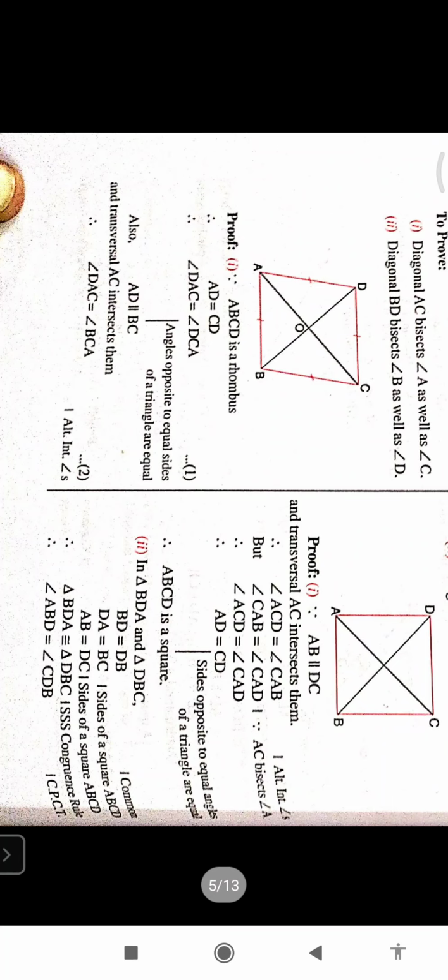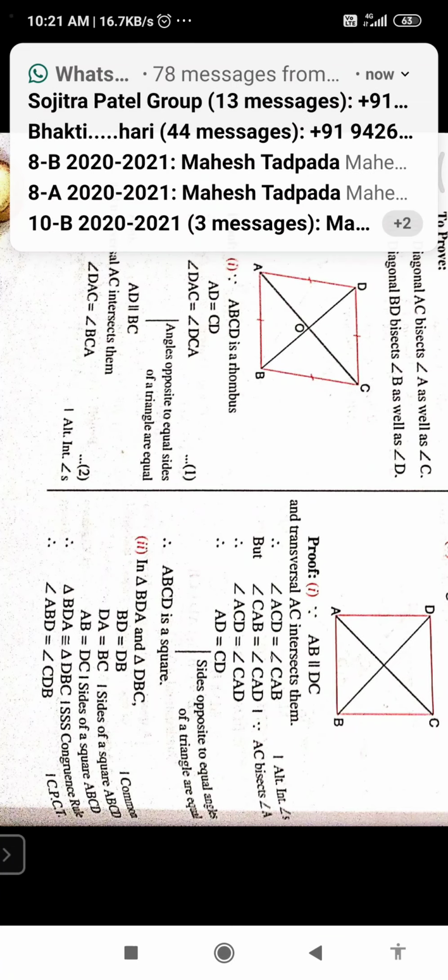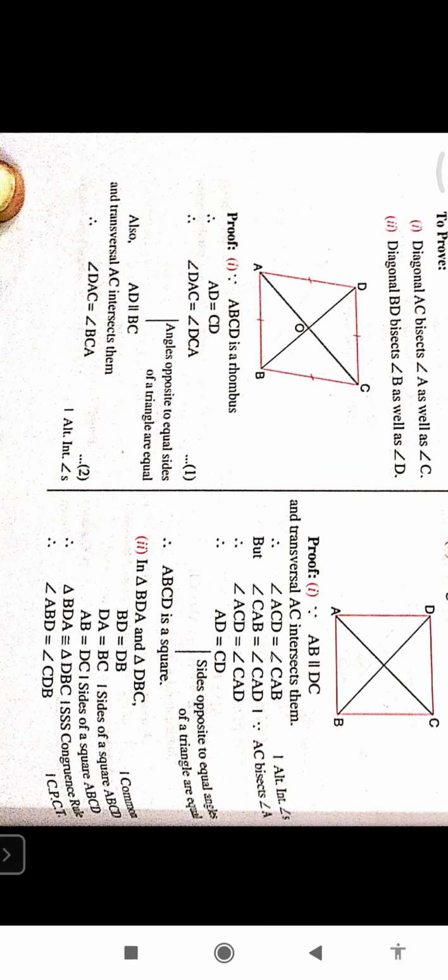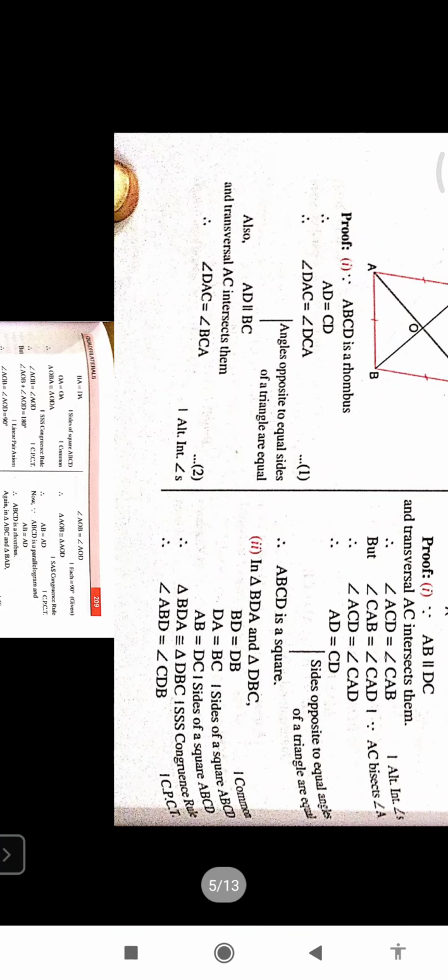Angle DAC and angle BCA are alternate interior angles, and they are also equal. So DAC equal to BCA, call it second result.